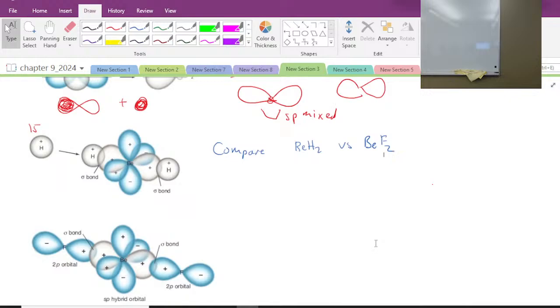Hybridized orbitals. Then we have our 1s coming together. And of course, you want to talk about your pi orbitals, label them, y, pz, and then compare. So what's going on? Now we just have our fluorine, and it's just showing one 2p orbital.